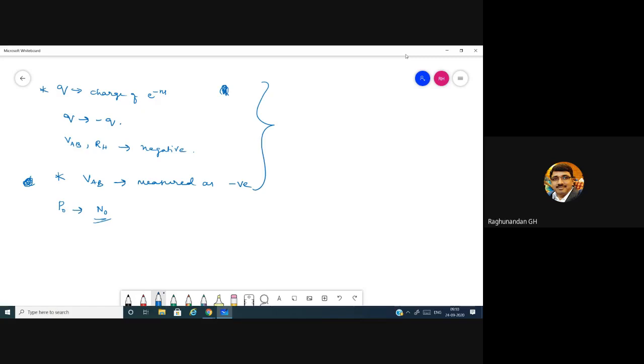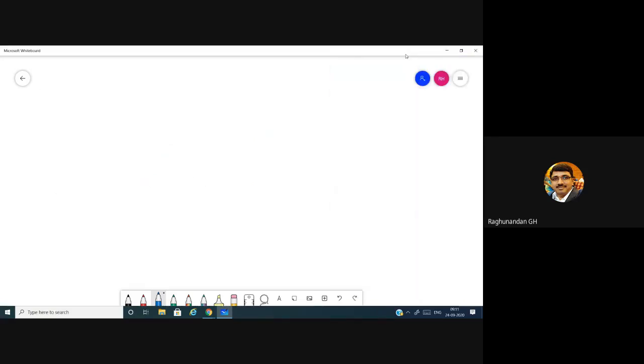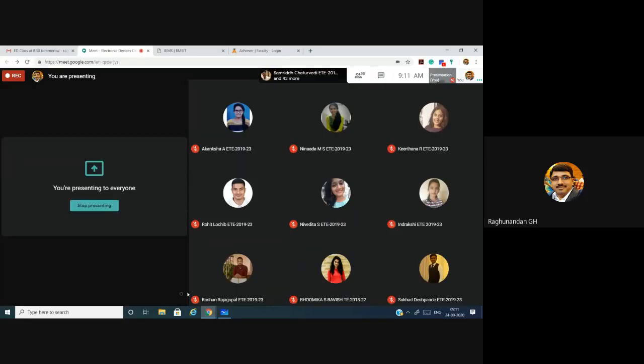Here we are talking about P naught and N naught. If both P naught and N naught are present, then what will be the final concentration, what will be the intrinsic concentration, and what is the extrinsic concentration? All those things we learn in that particular derivation. It is just a one-page derivation. Once we are done with that derivation, it will be at the end of the chapter. After that, some problems.